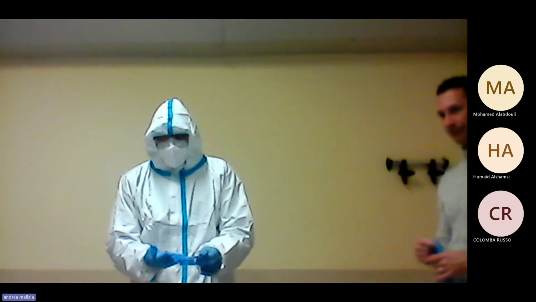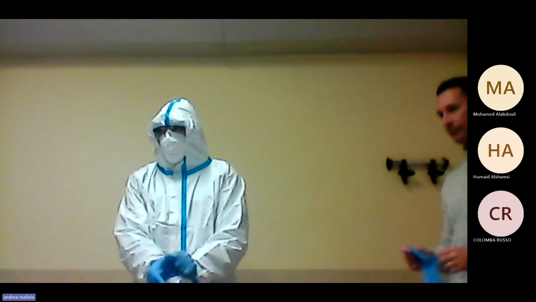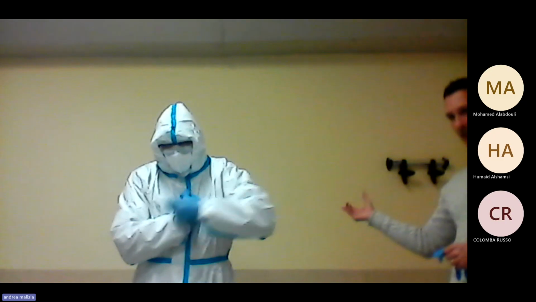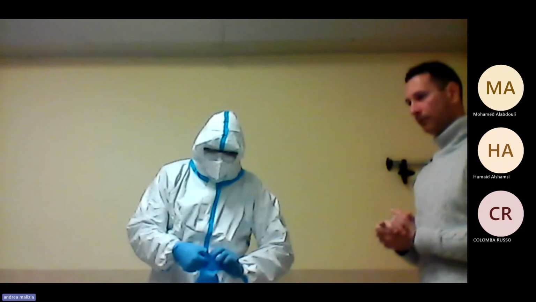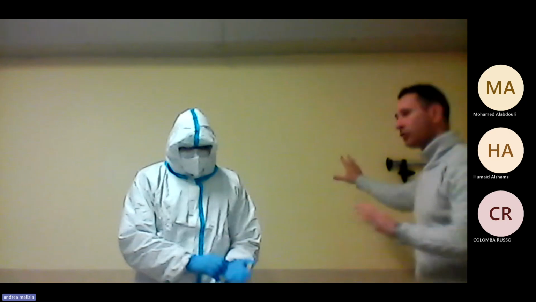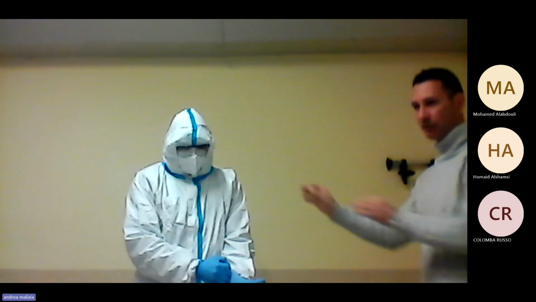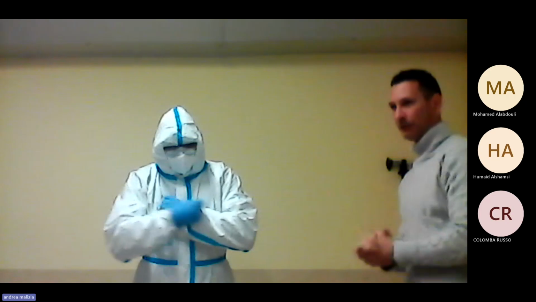But we have this standard procedure when you take out the glove. The first one you take out from outside, and the second one from inside. Yes, but if I change inside, okay? But when I stay in other room, I touch and it's contaminated the environmental, and therefore when I change, I undress, I change it again.